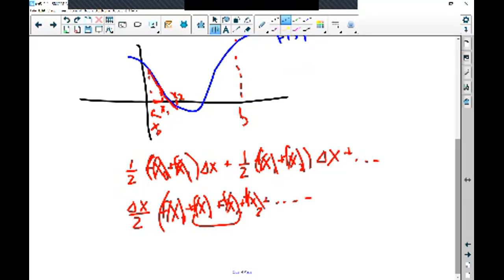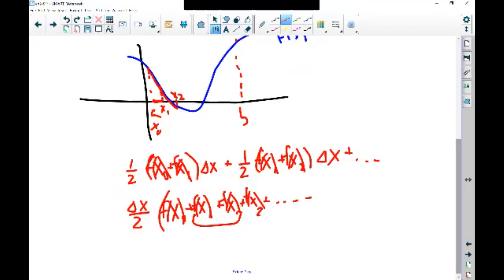And so that's why in the middle of our formula, we have 2 times f of x sub 1, 2 times f of x sub 2, all the way up. The only function values that are not doubled are the first, so f of x sub 0, and the last, because those will only be bases for one trapezoid. Everything else is a base for 2, the one on its left and the one on its right.